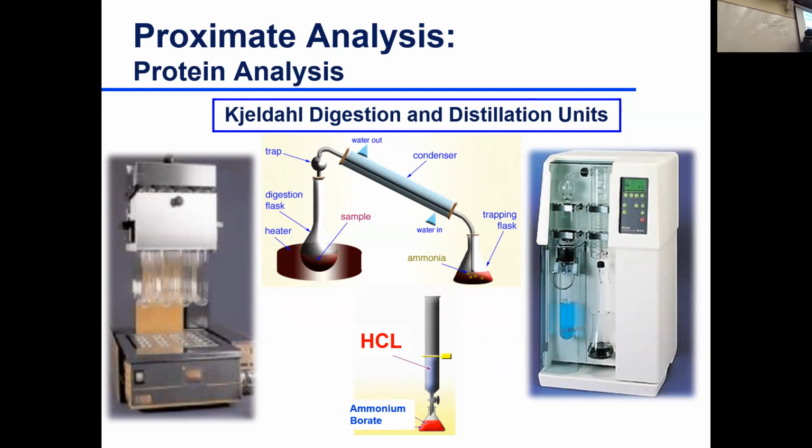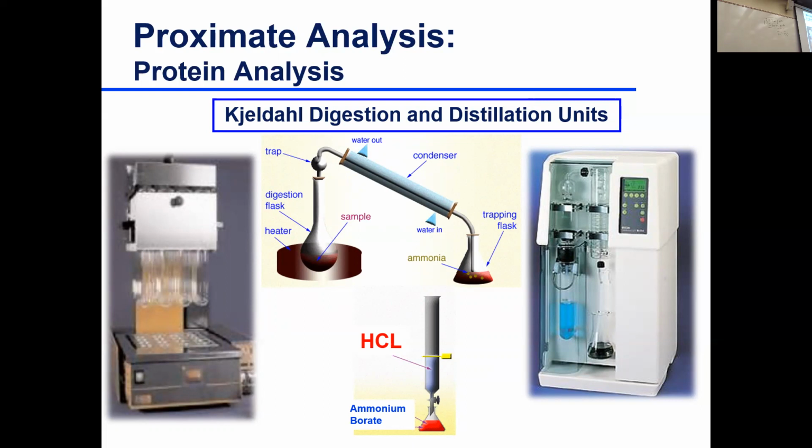The fumes are going to be pulled up with the exhaust system and neutralized. They don't go into the atmosphere. So after digestion, you end up with a clear solution. It's blue because of, remember what the catalyst was? It's copper sulfate. So you have a blue digest, clear.